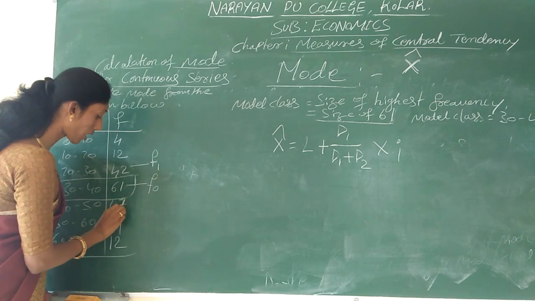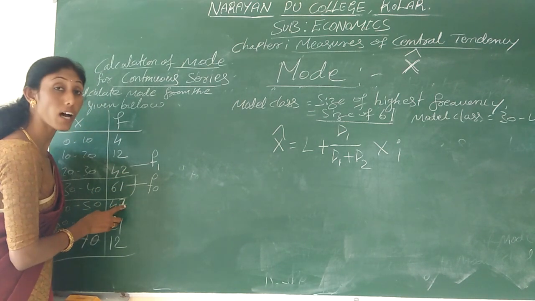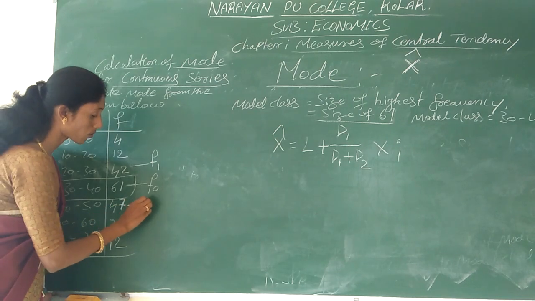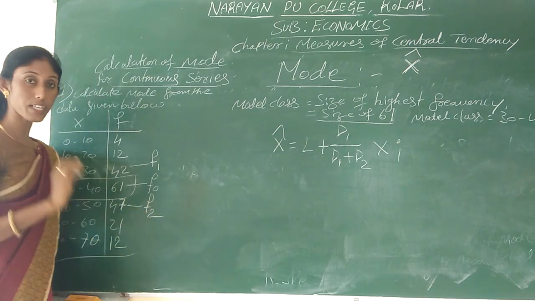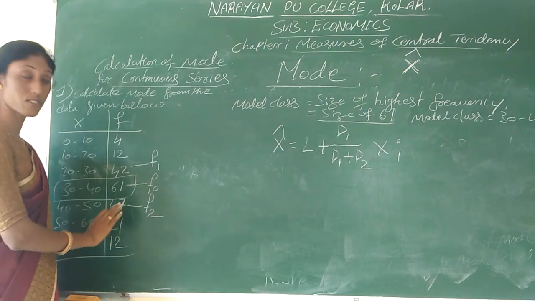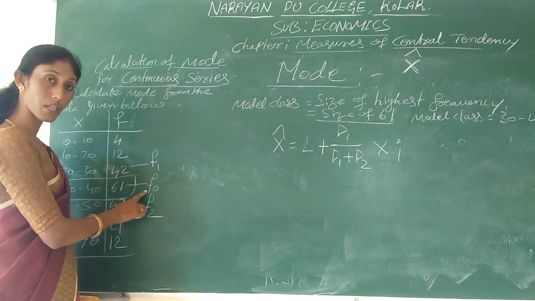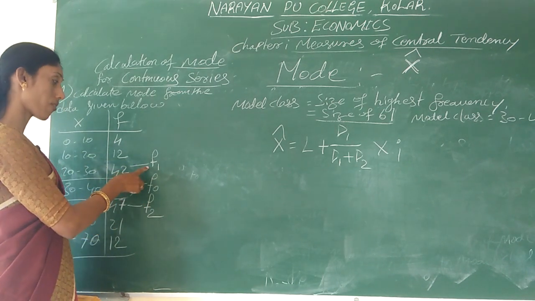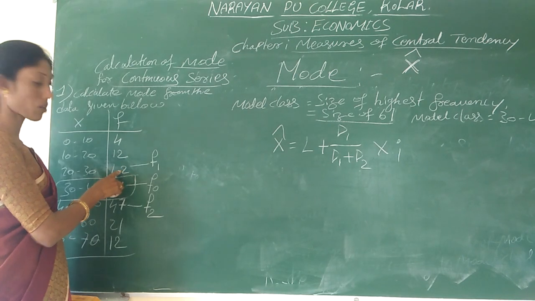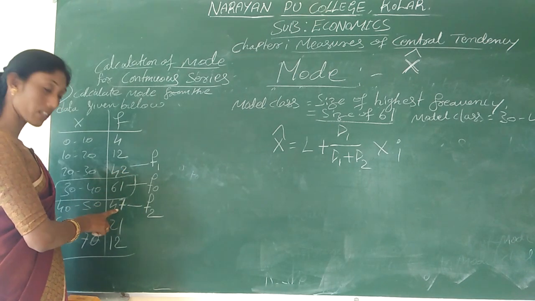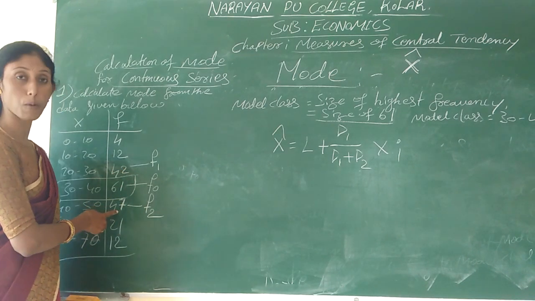Next, the frequency succeeding the mode class will be denoted by F2. To make it short: F0 means frequency of the mode class, F1 means frequency preceding the mode class, F2 means frequency succeeding the mode class.